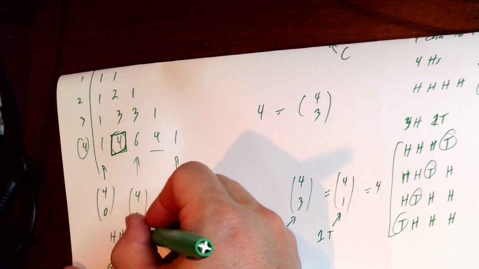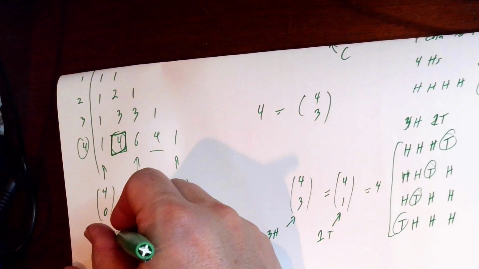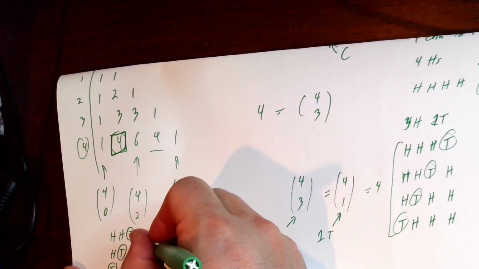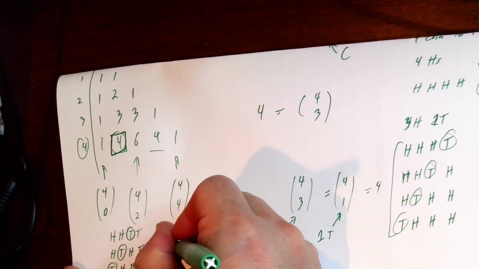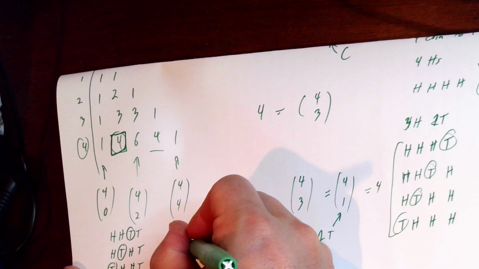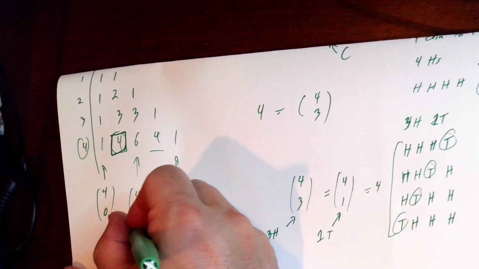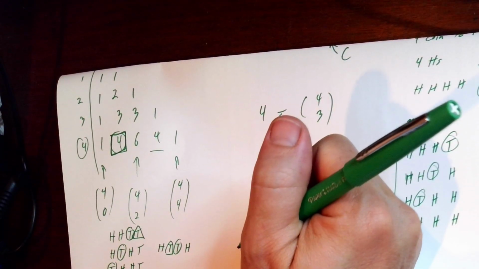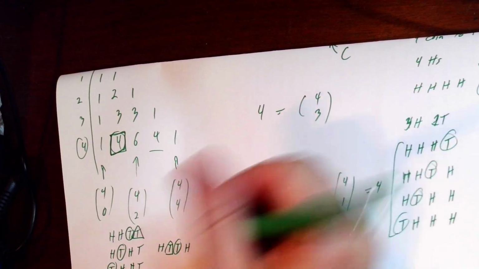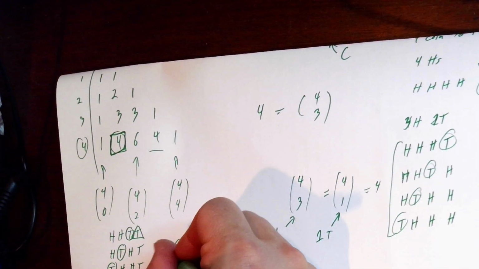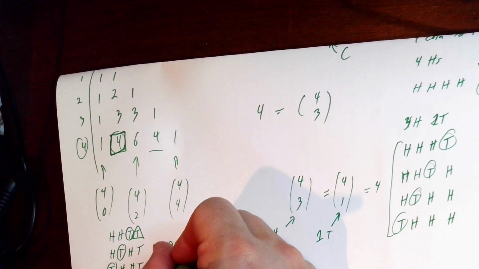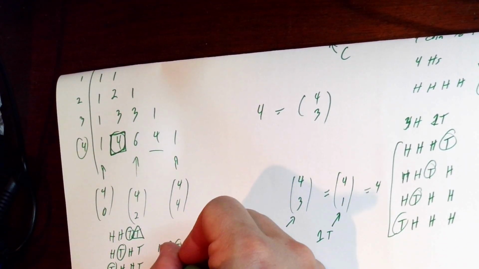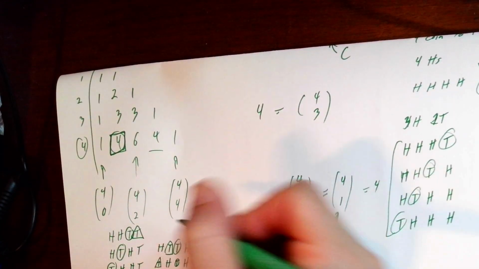So I could theoretically move this tail over here. So I could have head, tail, tail, head. That would be leaving this one alone, and we'll put a triangle around this one, moving the triangle right there. I could theoretically put the triangle here and move the circle here, so that could be tail, head, tail, head.